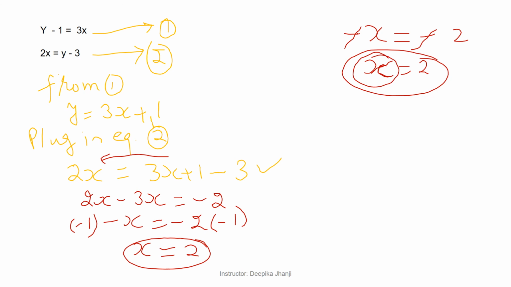So x should be equal to some number. So once we get the value of x equal to 2, let's plug in this value in any of the equations, either 1 or 2. Let's pick equation 2.